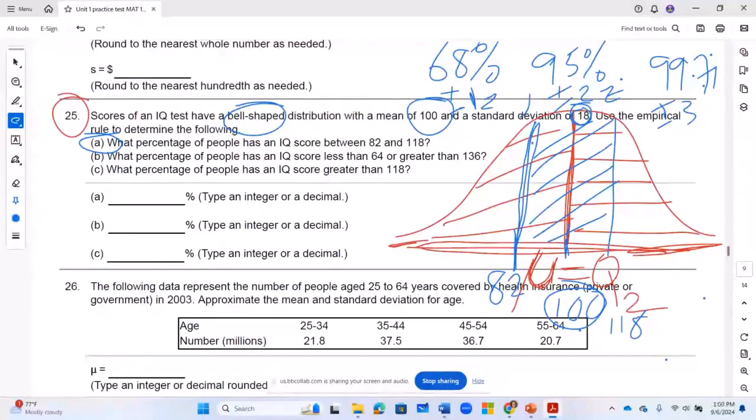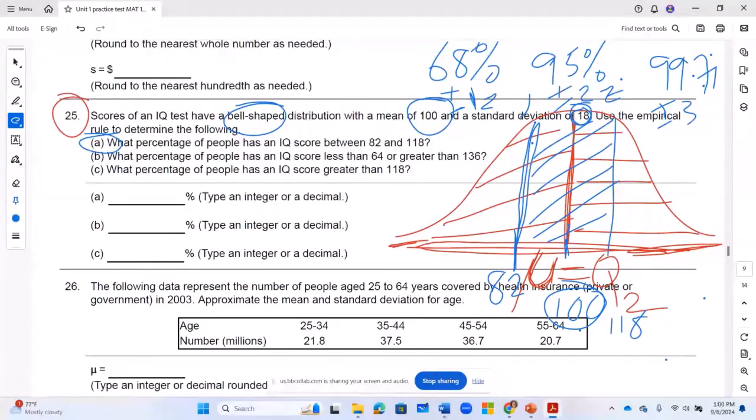Are we together? Do you follow what I just said about A? We just answered question A. According to the empirical rule, it is one standard deviation below the mean and one above the mean, therefore 68%. The question asks what percentage of people has an IQ score between 82 and 118, but we are almost given the answer.